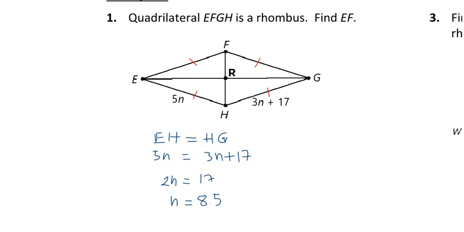So EF would be equal to EH, for example, and therefore EF is equal to 5 multiplied by 8.5, that is 42.5.